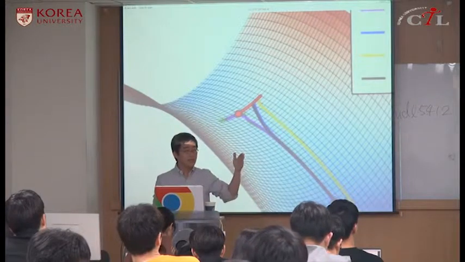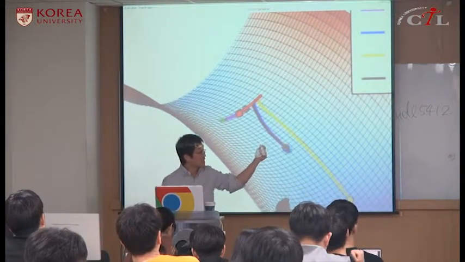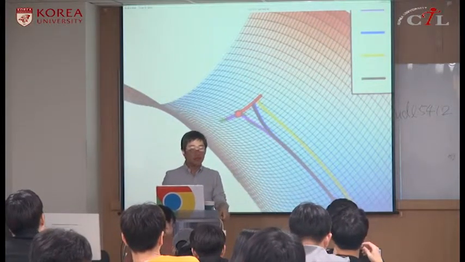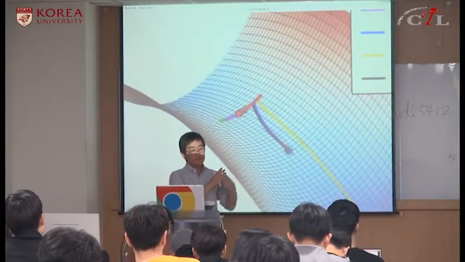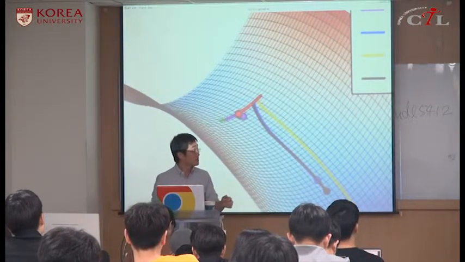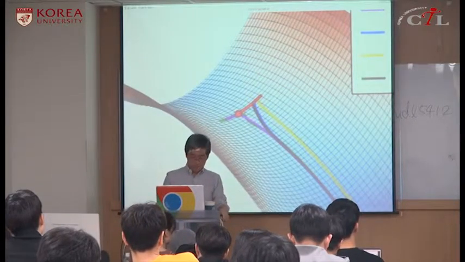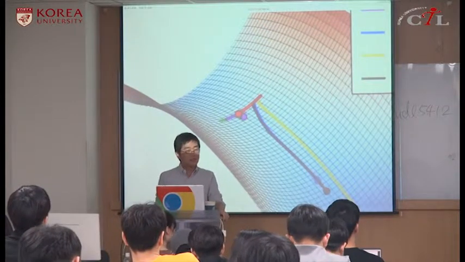But if we have the momentum vector, even though the gradient magnitude is really small at a particular time step, if it was accumulated with the same sign, then at the current time step it will have a non-trivial amount of gradient. So it's easy to escape from this saddle point.